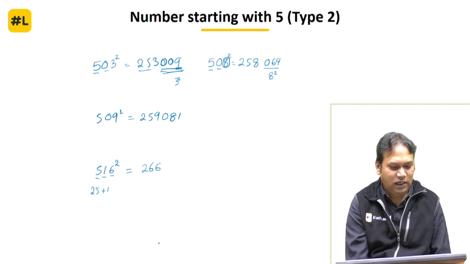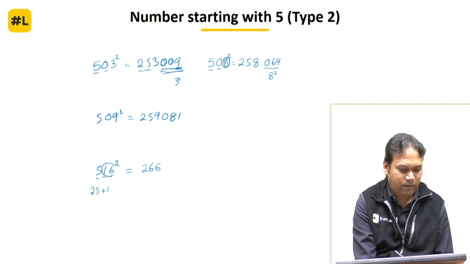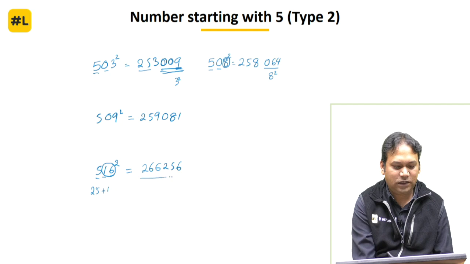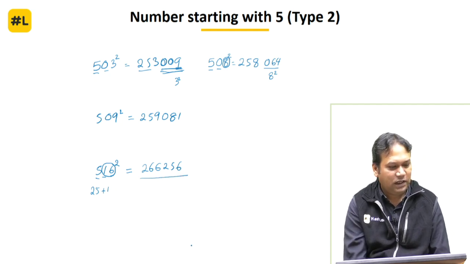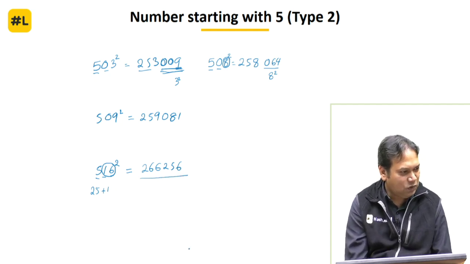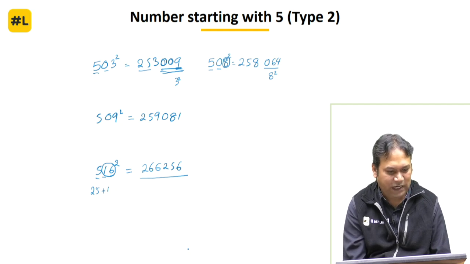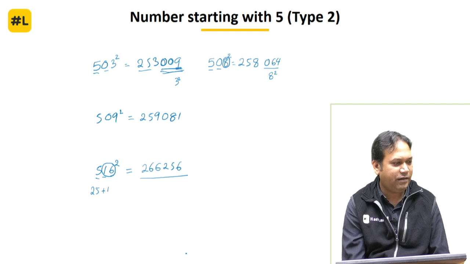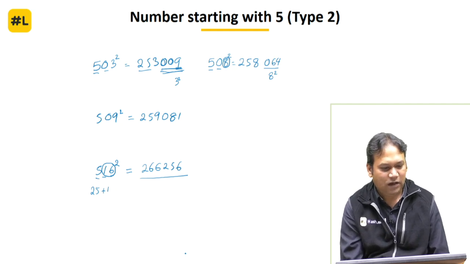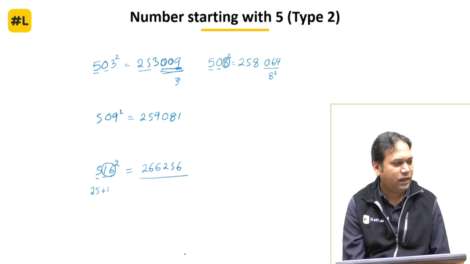And what is 16 square? 256. 266, 256. I think 2513136, some wrong calculation has happened. Check that once. For which number you are calculating?